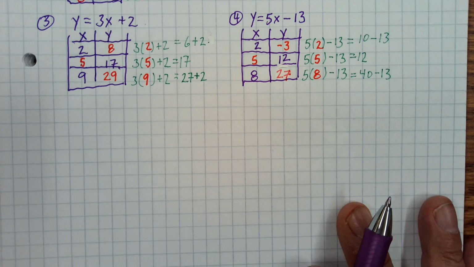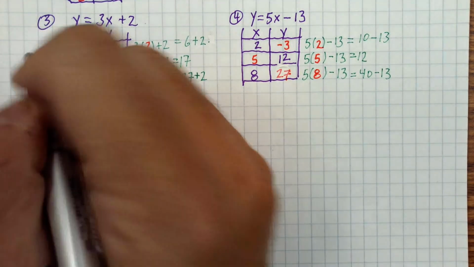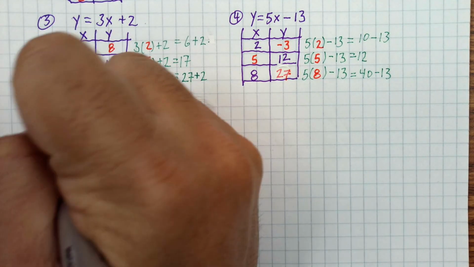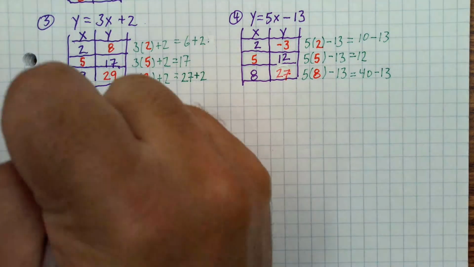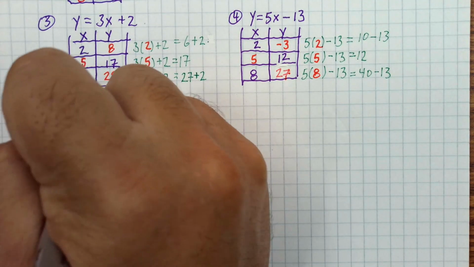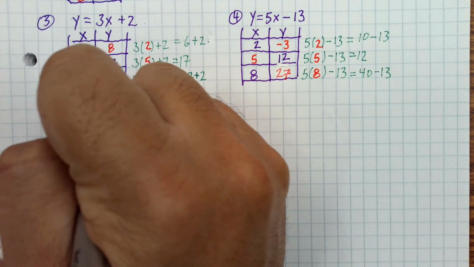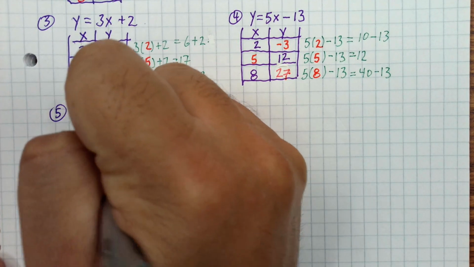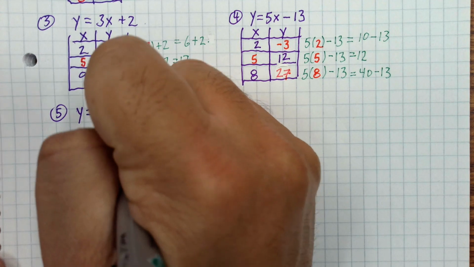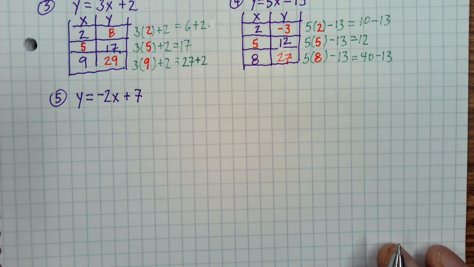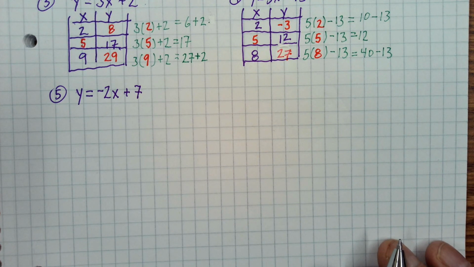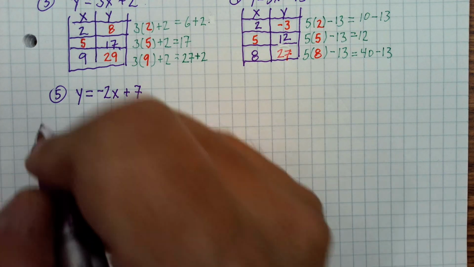Okay. So for the next one, we're going to have a few more negatives. Y equals -2 times x plus 7. Okay, let's try that.